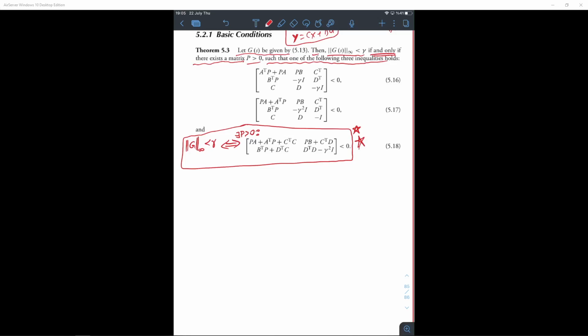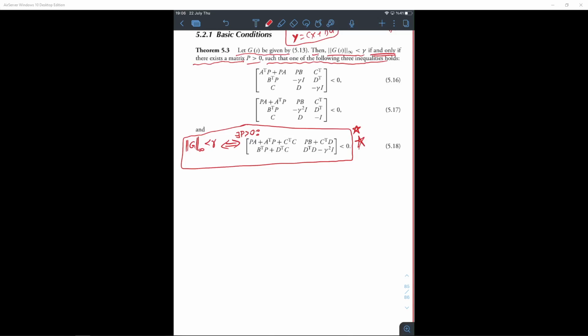And let's focus on the sufficiency part. I'm checking my notes, by the way, to make sure. Alright. And a little change of plans.